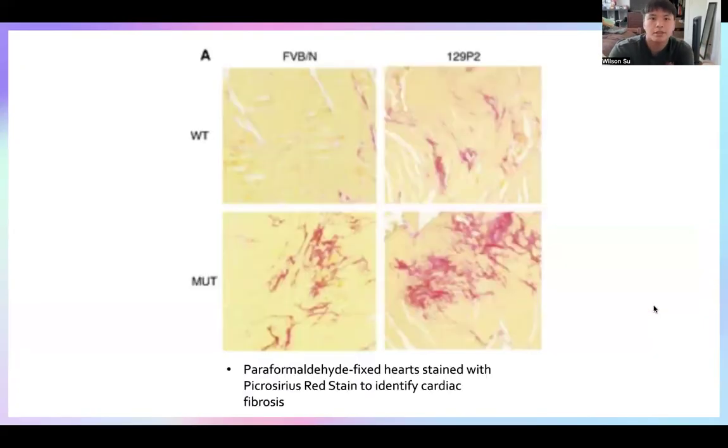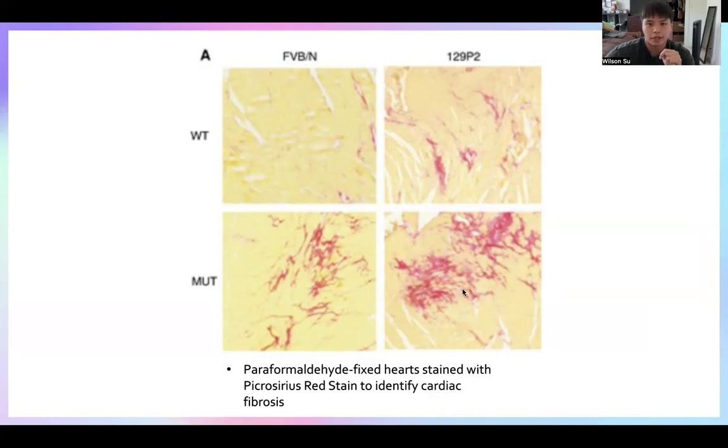Both mutants. And then here is the cardiac fibrosis portion of the experiment that they did. These were paraformaldehyde fixed hearts that were stained with picrosirius red stain. There's obviously some that you can see in the FVBN from the wild type compared to the mutant type, but there is an obvious difference from the wild type compared to the mutant type in the 129P2 strain.